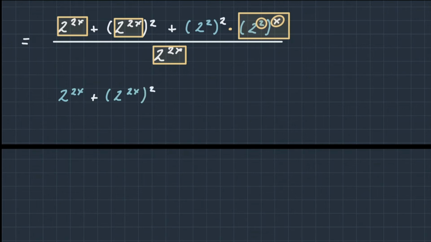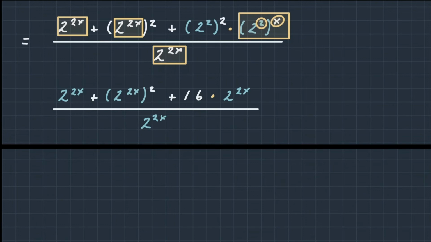And maybe we could also go ahead and evaluate that 2 to the power of 2, which is 4 to the power of 2, which is 16. And then we have our last factor there in the third term, which is 2 to the power of 2x, highlighted in blue. And of course, we'll go ahead and highlight that factor of 2 to the 2x in the denominator in blue as well.